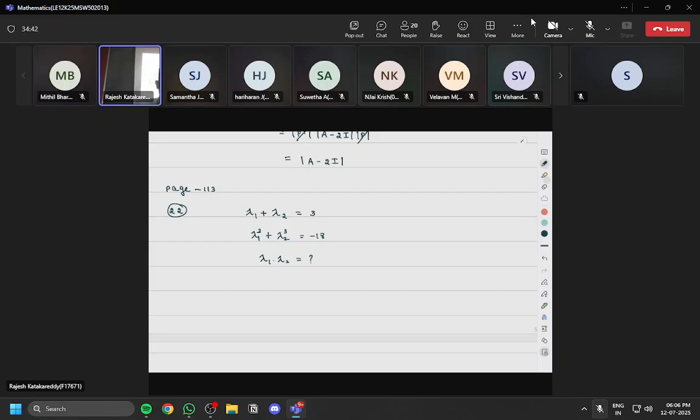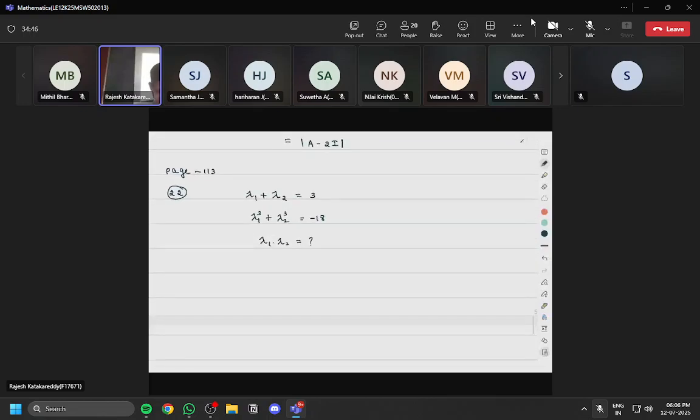Next, I'll use a little bit of algebra here. Let us cube this equation. If I cube it, I get (lambda 1 plus lambda 2) whole cube equals 27. Now I can say this is lambda 1 cube plus lambda 2 cube plus 3 times lambda 1 into lambda 2 into (lambda 1 plus lambda 2), equals 27.